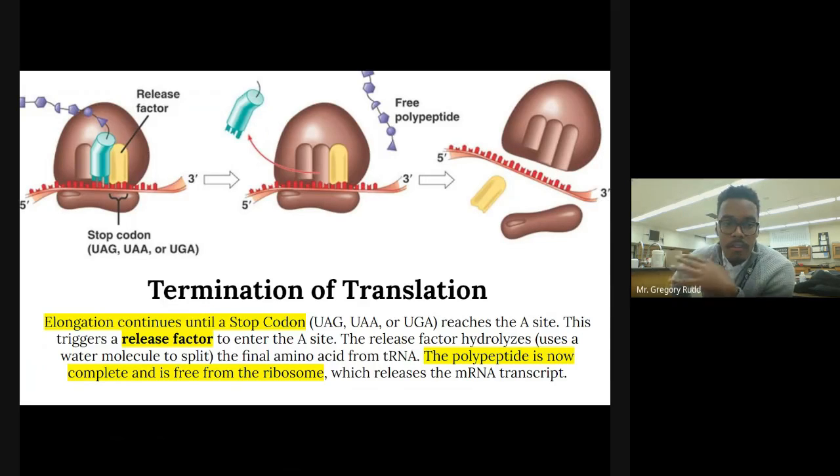And as it's cut off, it starts to float away from the ribosome. It's now considered a free polypeptide. And the ribosome is going to disassemble. The large subunit is going to move away from the small subunit.